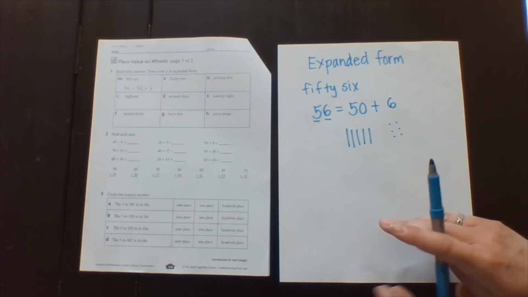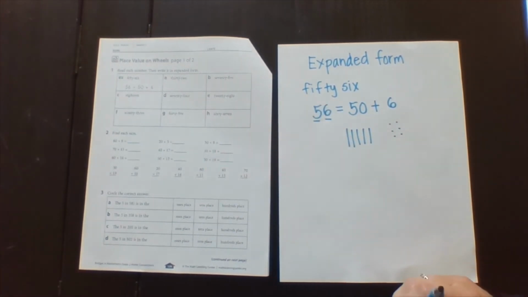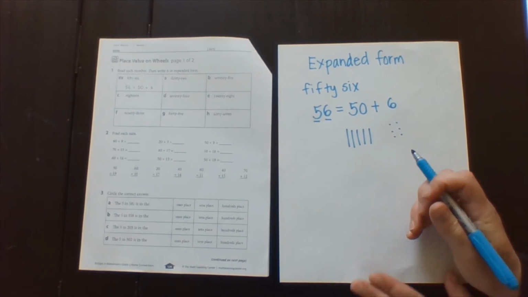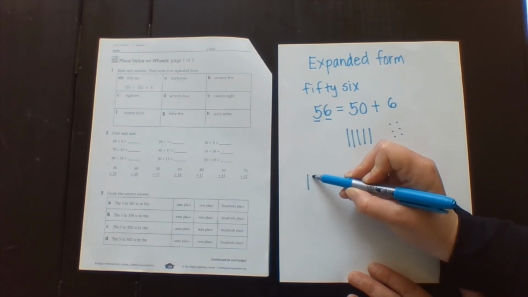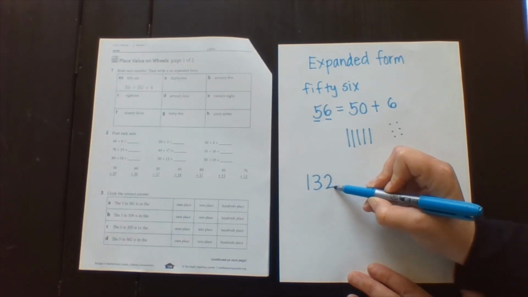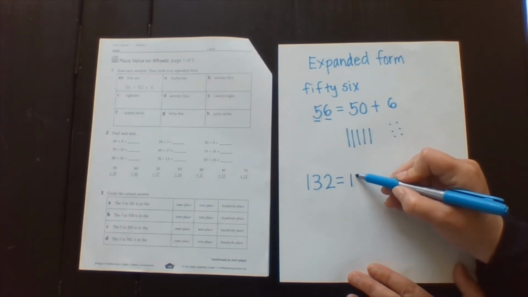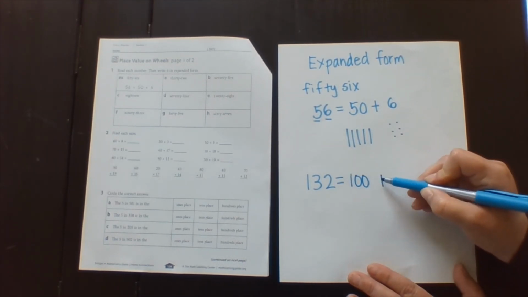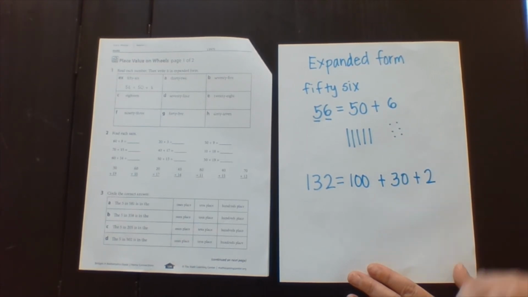So your job on this part of the activity is to think about these 2-digit numbers in expanded form. You can also do expanded form with 3-digit numbers, like 132. I could also write that number as 100 plus 30 plus 2.